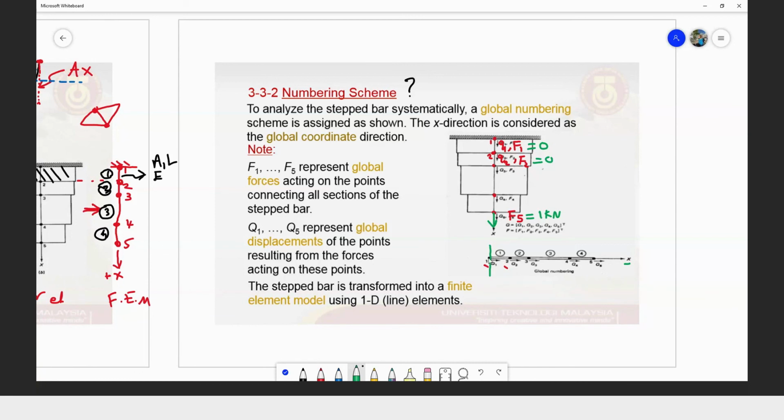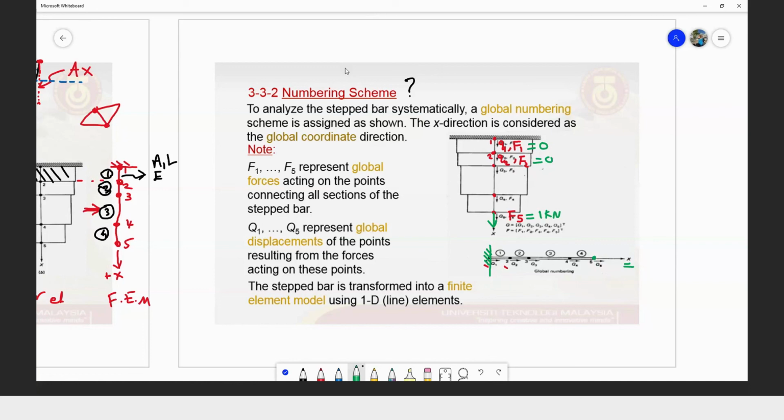So we can take this as the origin of our x coordinate, and the same for the node numbering. So node number 1 will begin at the most left end of our structure, then increase in number towards the other end of our structure.